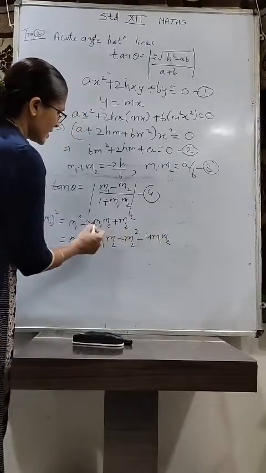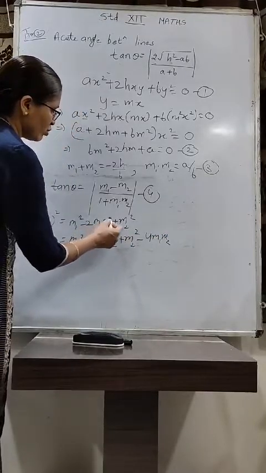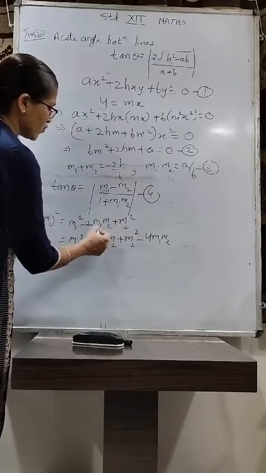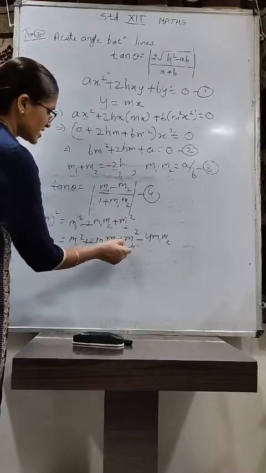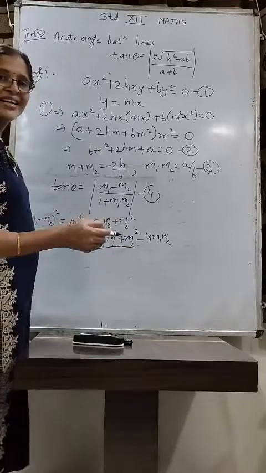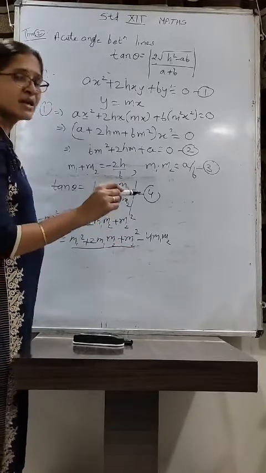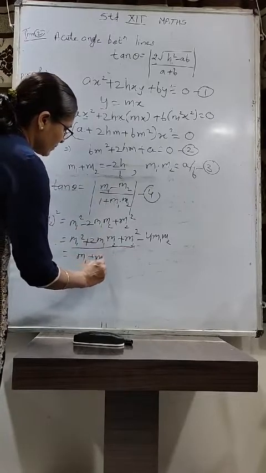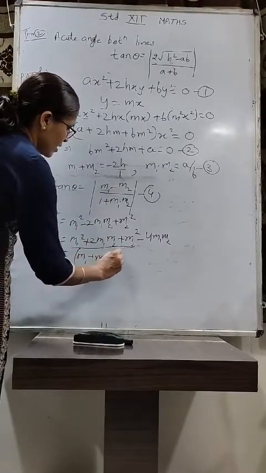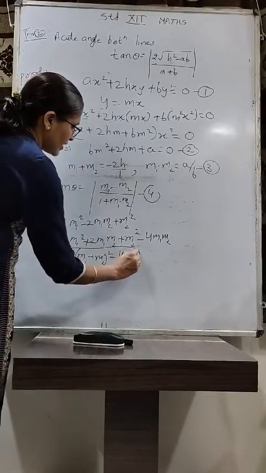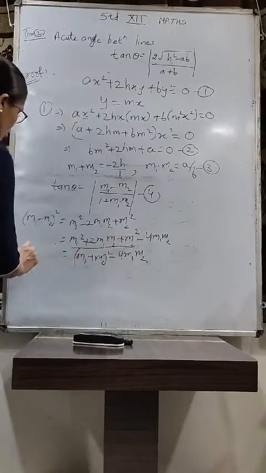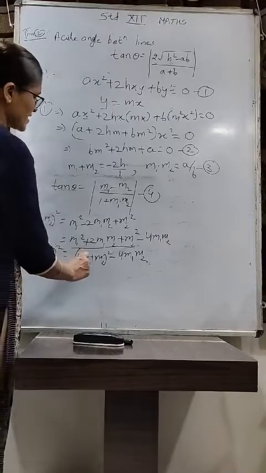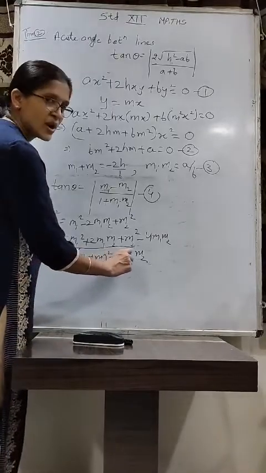Here we have minus 2 m1 m2, which we adjust as 2 minus 4, and 2 minus 4 is minus 2. Now see this term: it is the perfect square of m1 plus m2. So that will convert to (m1 plus m2) whole square minus 4 m1 into m2. So we have taken (m1 minus m2) whole square as (m1 plus m2) whole square minus 4 m1 m2.